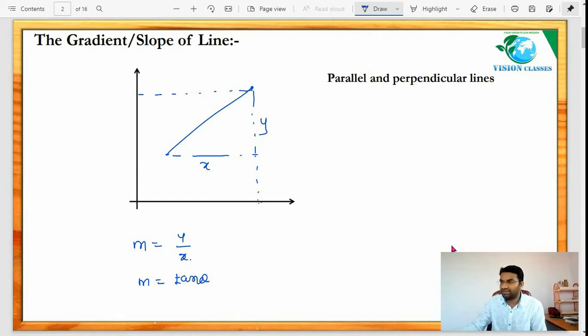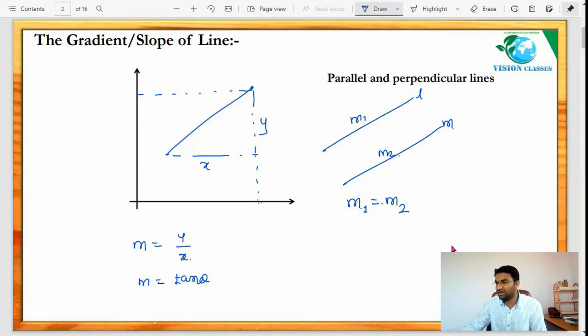If the lines are parallel, let's say line L and line M, these are the two lines, and M1 and M2 are the gradients. In this case, the gradient of line L, M1, is equal to M2 for parallel lines.